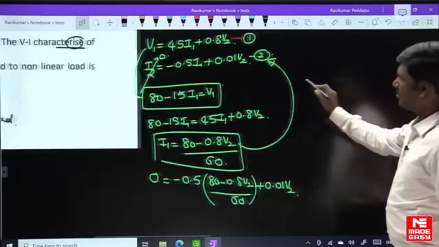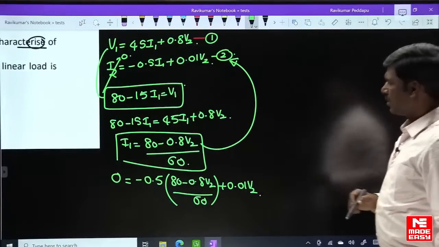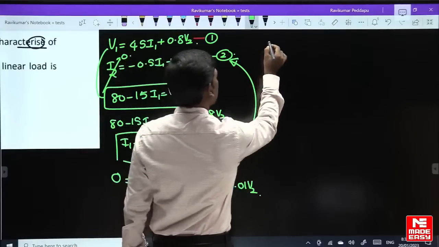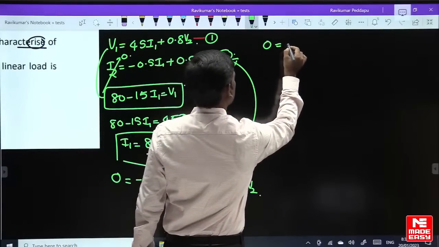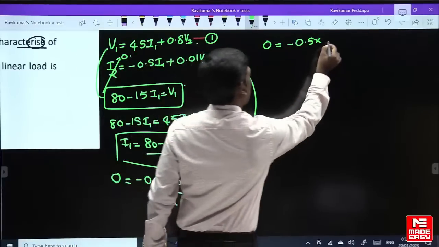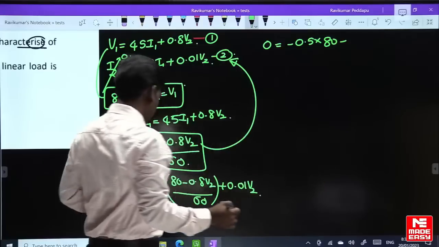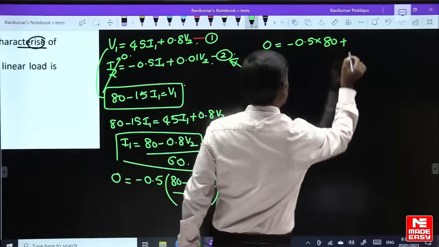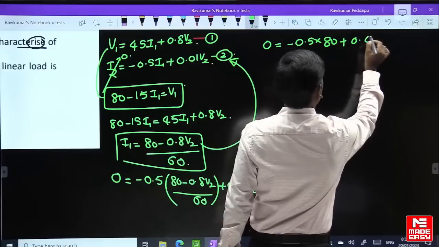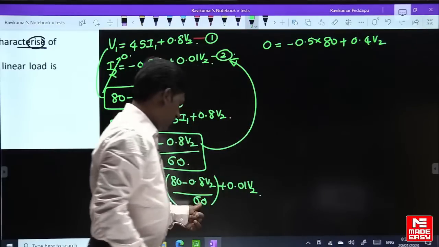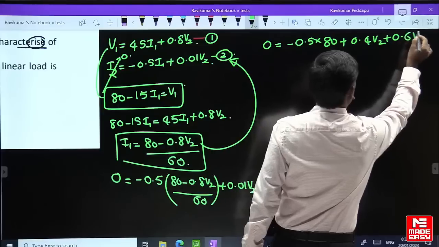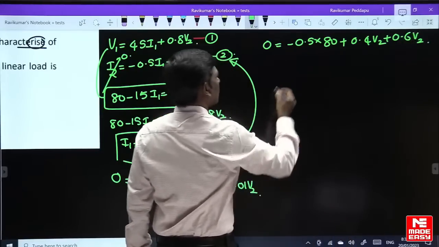Just simplify it. 0 is equal to minus 0.5 into 80, minus into minus is plus, 0.5 into 0.8 is 0.4 V2, 60 into 0.01 is 0.6 V2. This value is 40.